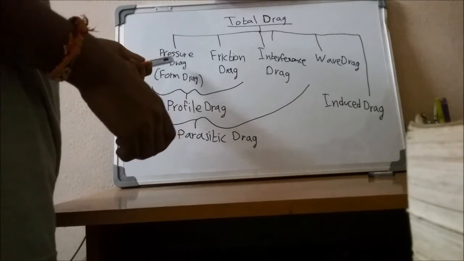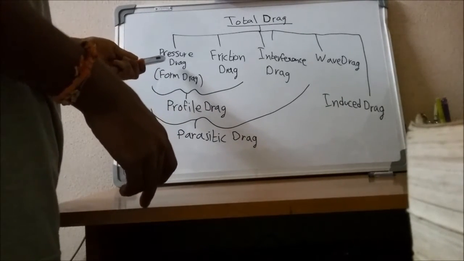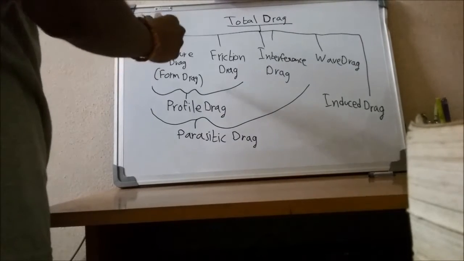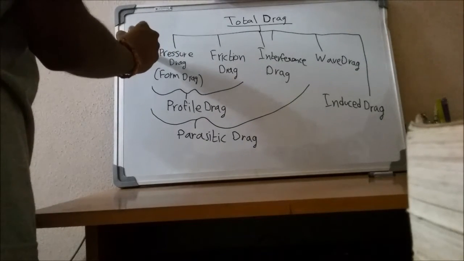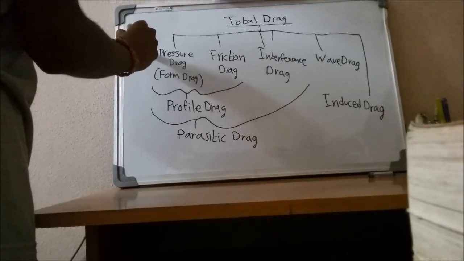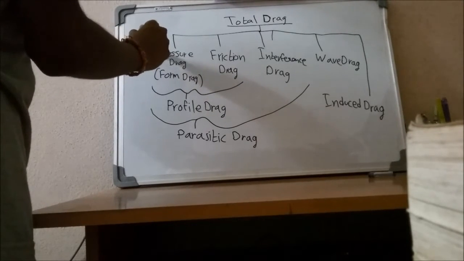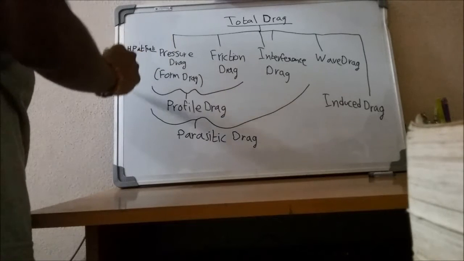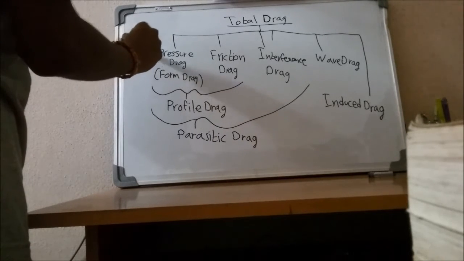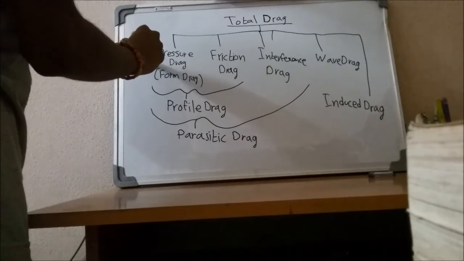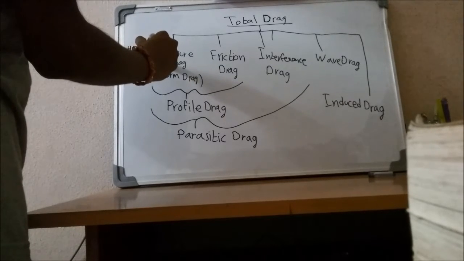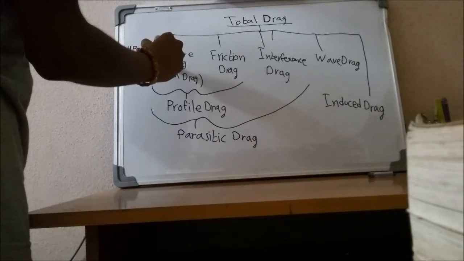So pressure drag again has two components: high pressure at the front and low pressure at the back portion of the object.